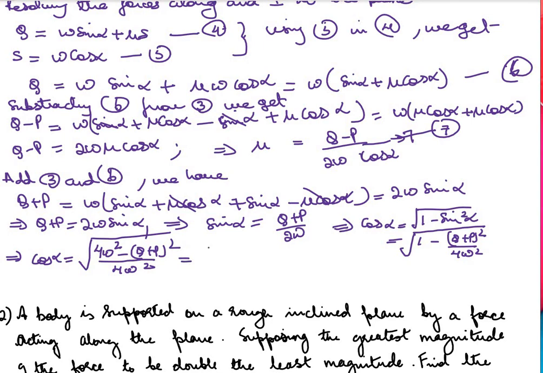This is the same as 1 by twice W into square root of 4W square minus Q plus P the whole square.